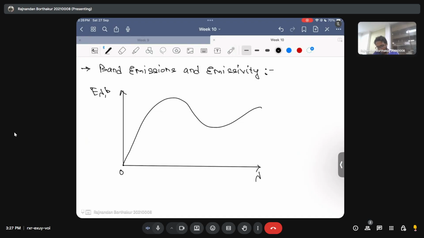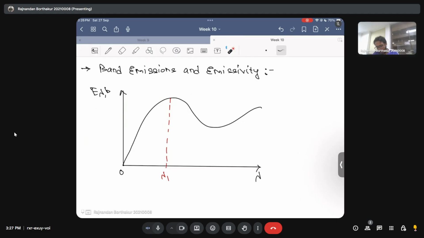Let's say I'm looking at a particular wavelength, lambda 1, and I ask you what is the spectral emissive power at this wavelength lambda 1. This is some E lambda 1 of B, the emissive power that I desire.